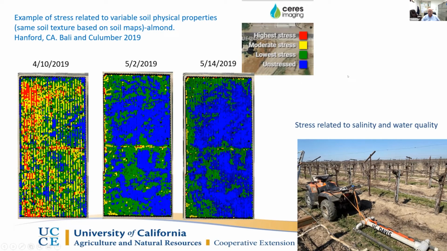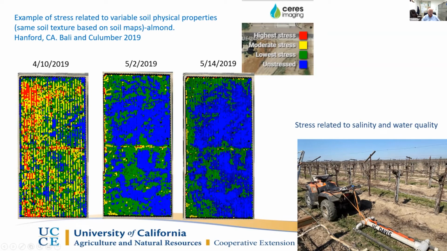There are services for remotely scanning your field and looking at areas where you have stress or not. This is series imaging that I like to show as an example, on an almond field in the San Joaquin Valley.